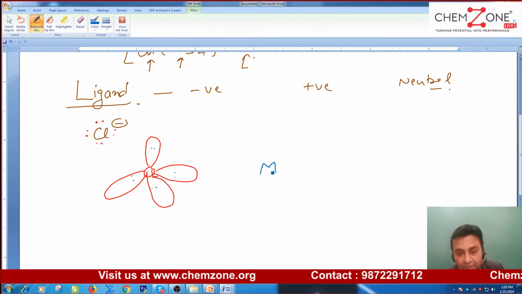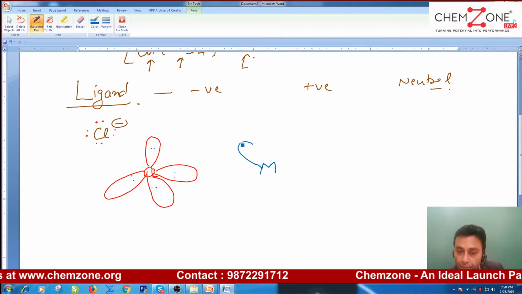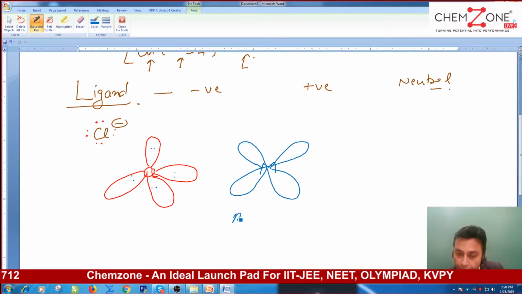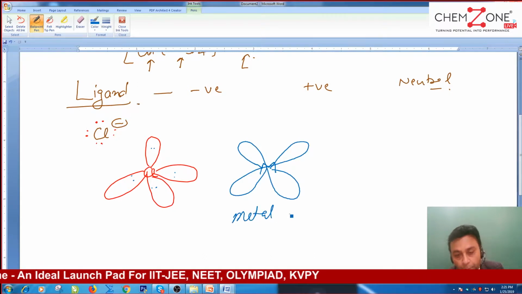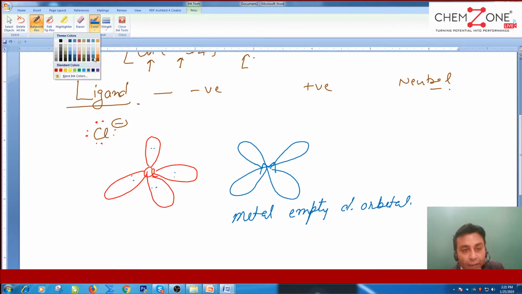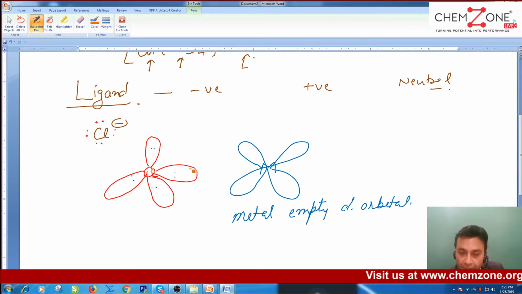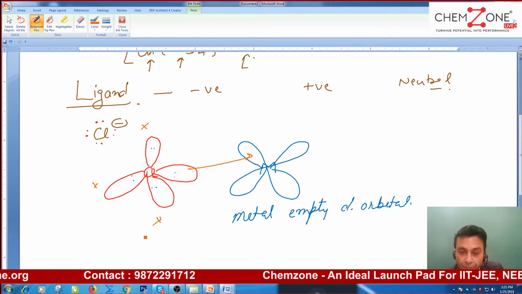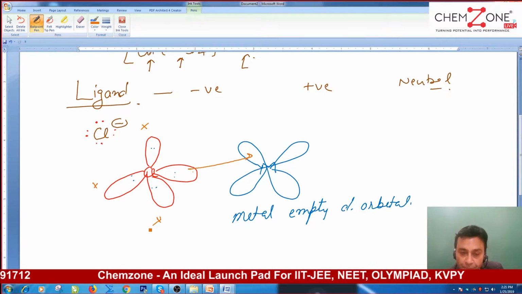So towards a metal empty d orbital. Can you read what I'm writing? There is only one pair which can be donated. These cannot be, because they are not aligned in that direction.